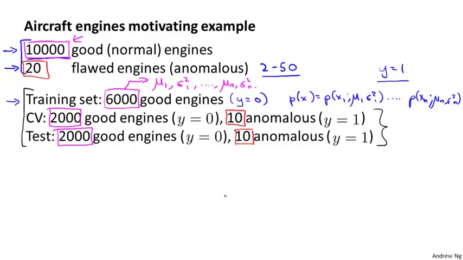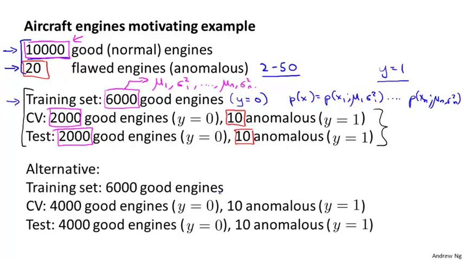Just as an aside, if you look at how people apply anomaly detection algorithms, sometimes you see people split the data differently. Another alternative, which is really not recommended, is that some people will take their 10,000 good engines, put 6,000 of them in the training set, and then put the same 4,000 in both the cross-validation set and the test set. We like to think of the cross-validation set and the test set as being completely different data sets from each other.